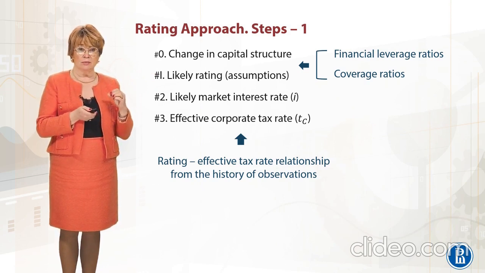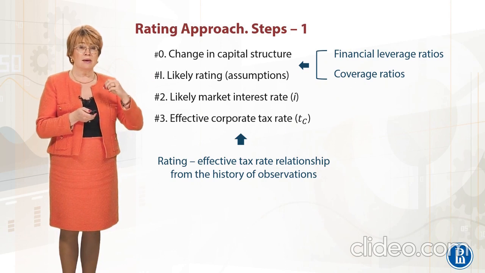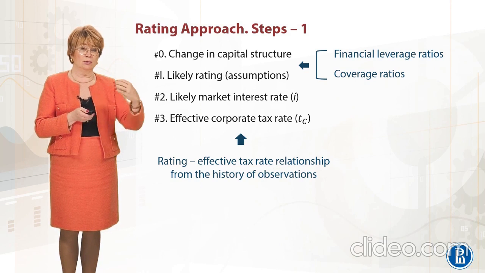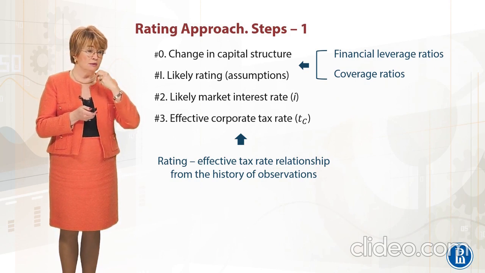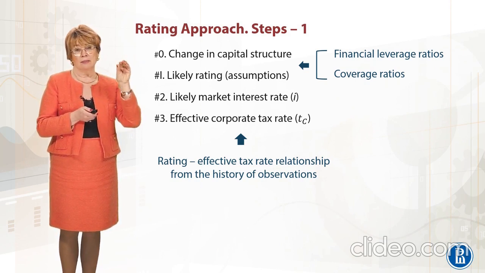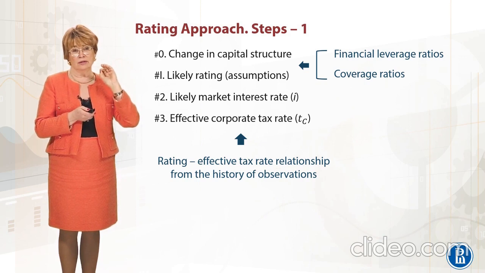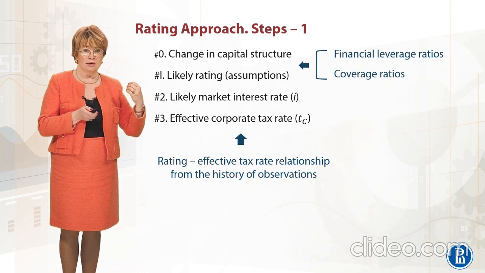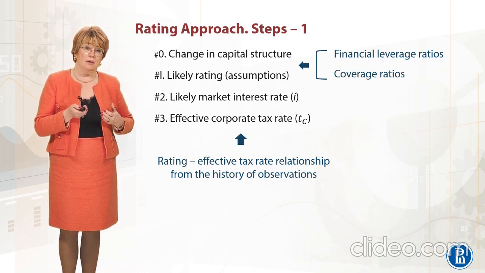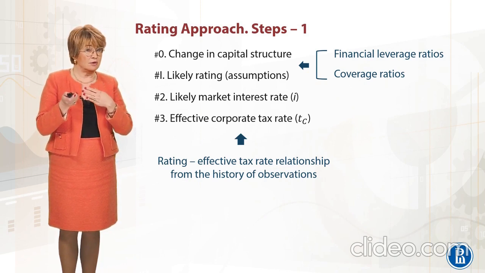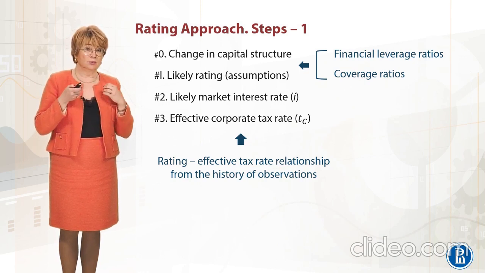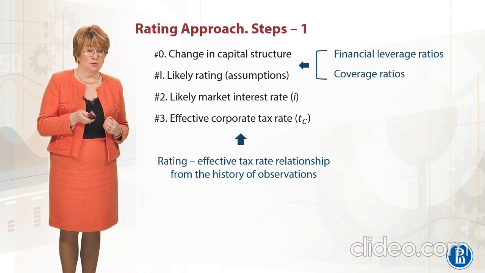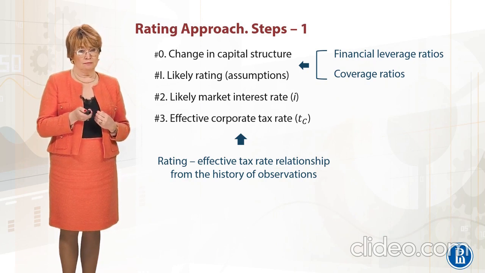So step number 1 means if I'm changing capital structure, I'm raising financial leverage. So my debt to equity coefficient is going to be increased by some value. At that new level of financial leverage, what about the likely rating? How would financial leverage ratios look, because we're changing the capital structure, and whether the coverage ratios are also going to change.